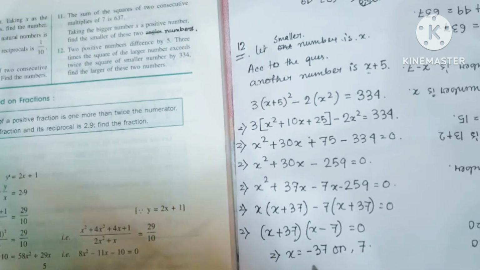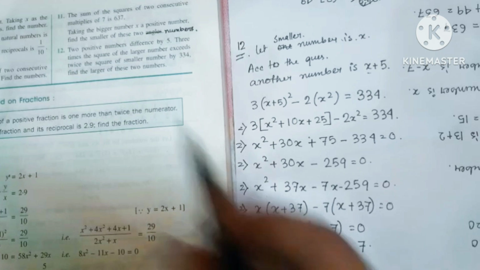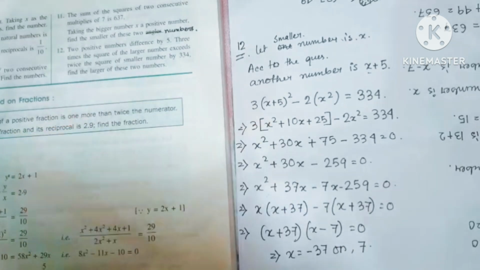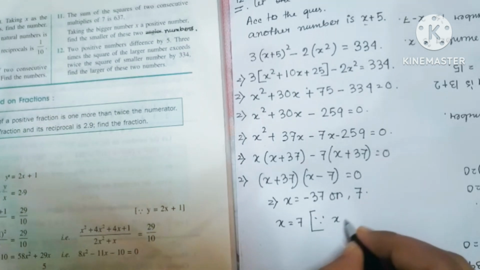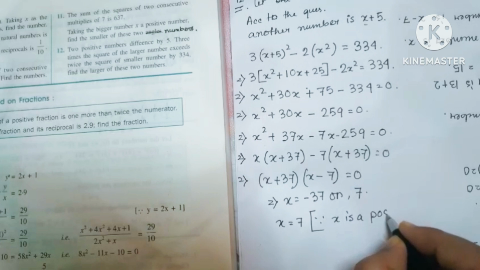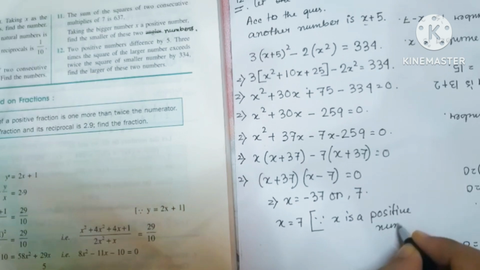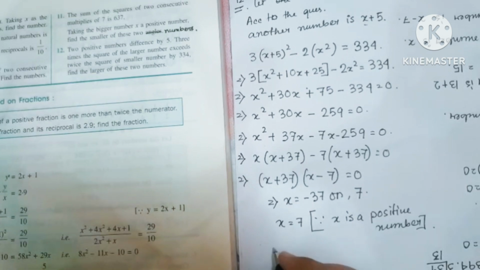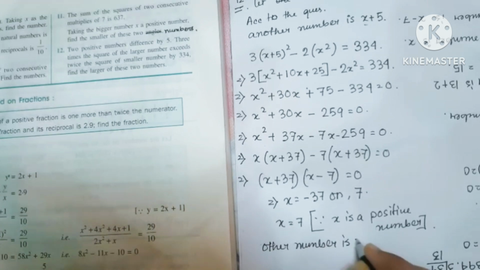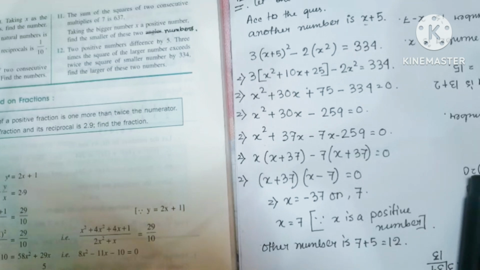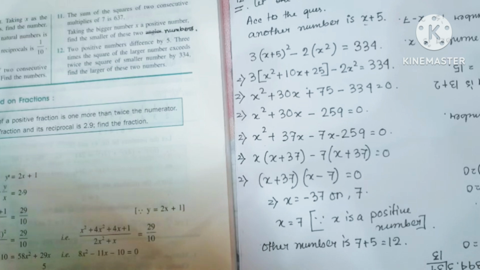Now obviously you have to choose the positive one because it is given two positive numbers. So x equal to 7, since x is a positive number, so the other number will be 7 plus 5 equal to 12. Okay, 7 plus 5 equal to 12. So find the larger of these two numbers. So the larger number will be 12. Okay.